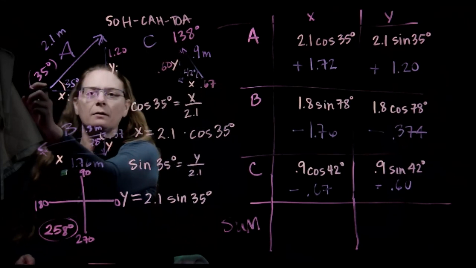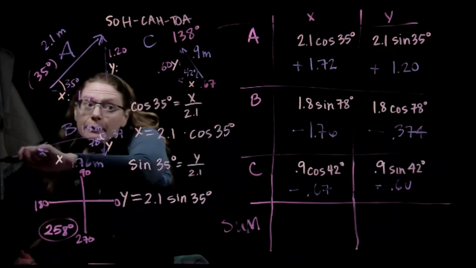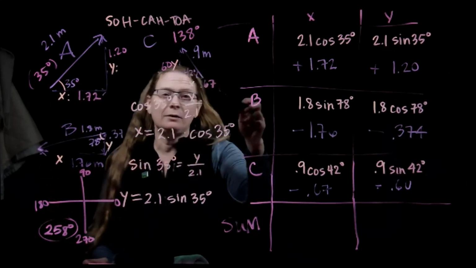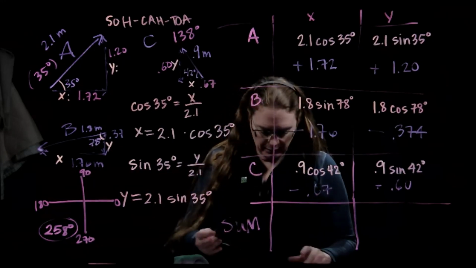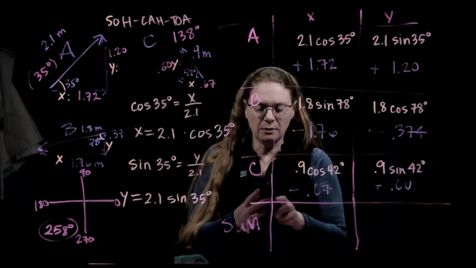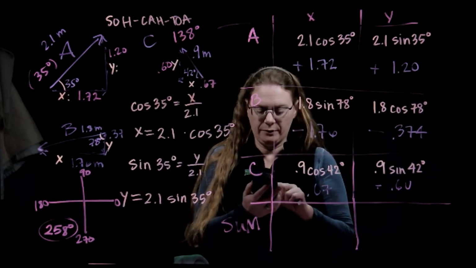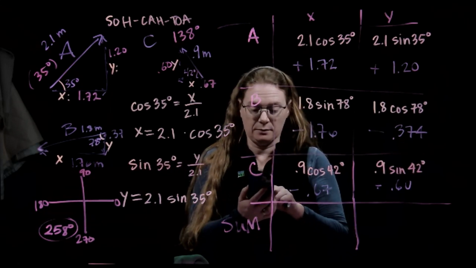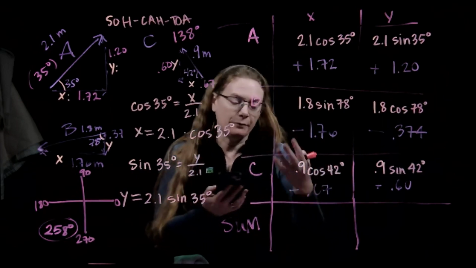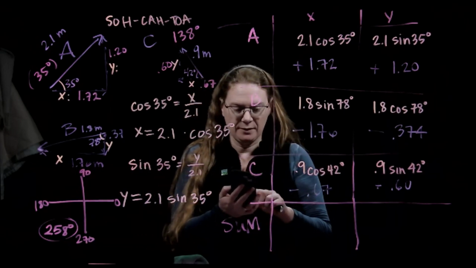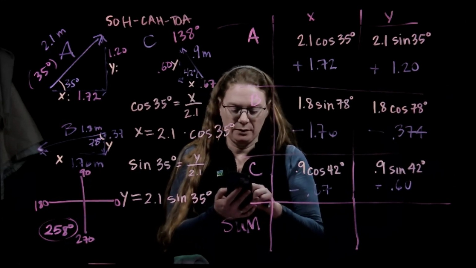So I'm going to take the 1.72 to the right, add a 1.76 to the left, and then a 0.67 to the left. And so I'm just adding these three up, and let's see what I get. I get 1.72 plus a negative, so I'm going to subtract 1.76 plus a negative, I'm going to subtract 0.67.